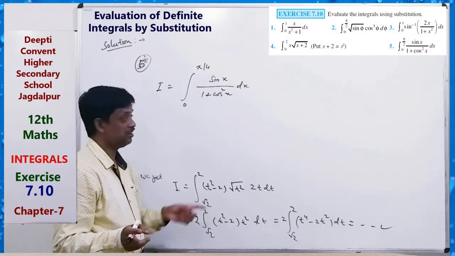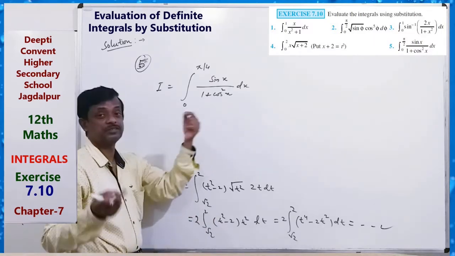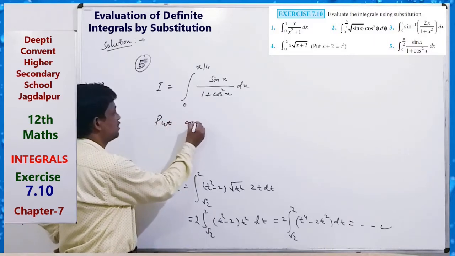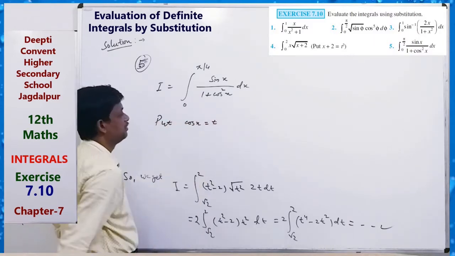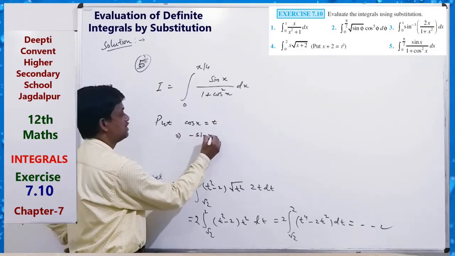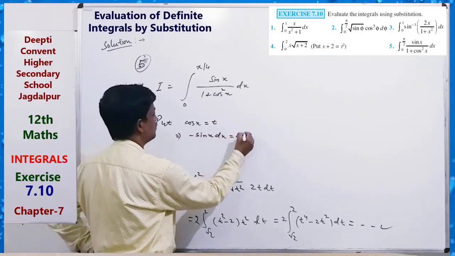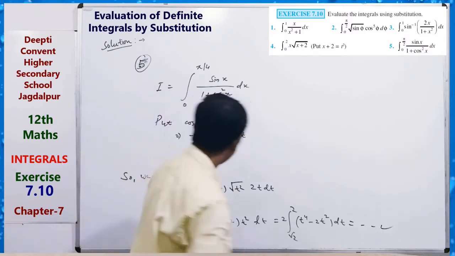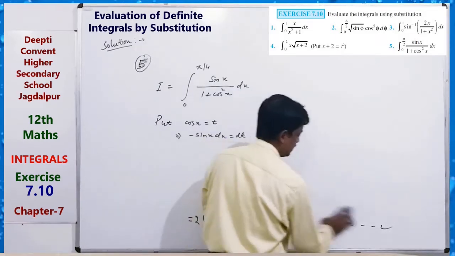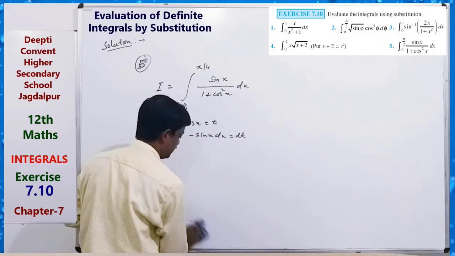That's why we are using the substitution cos x equals t. So if we put cos x equals t, then we get minus sin x dx equals dt. Clear?